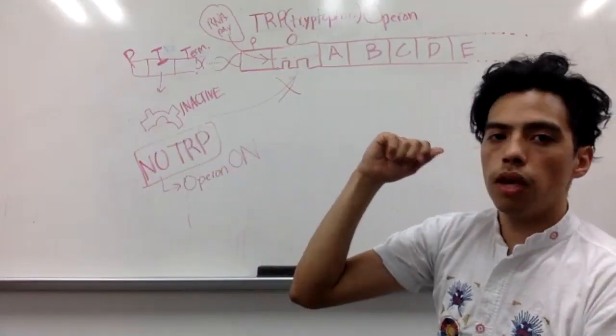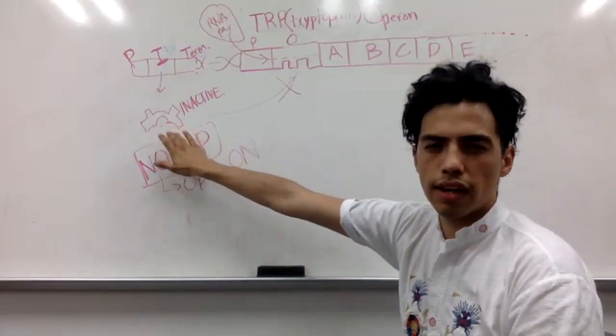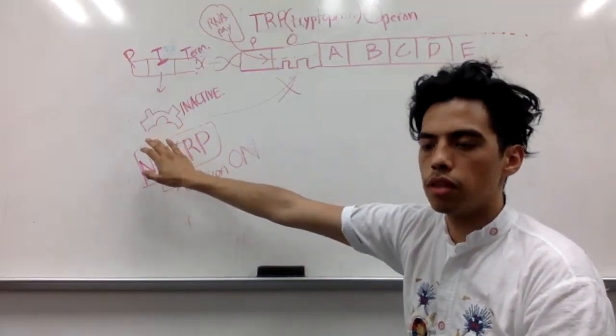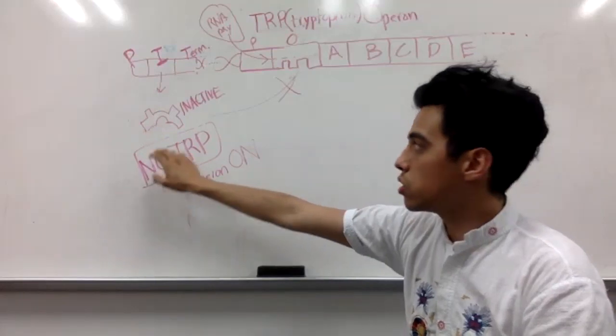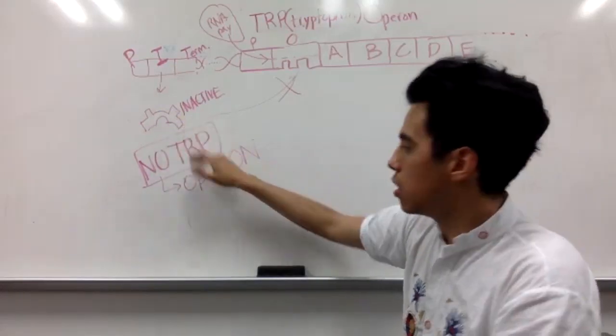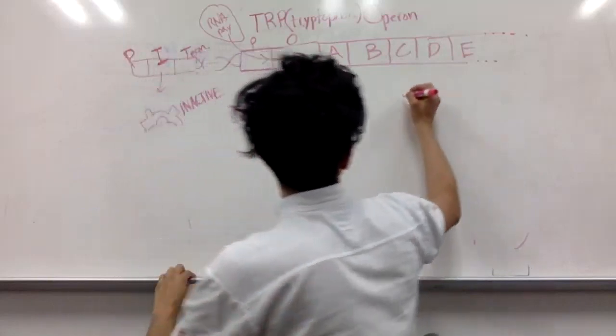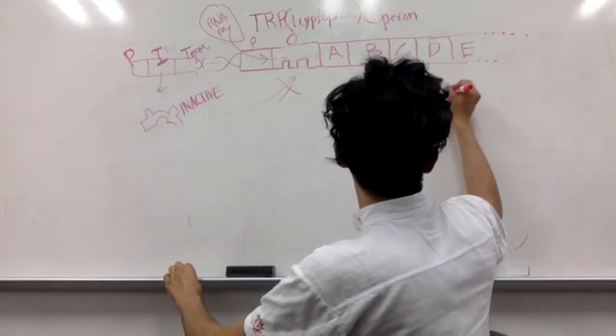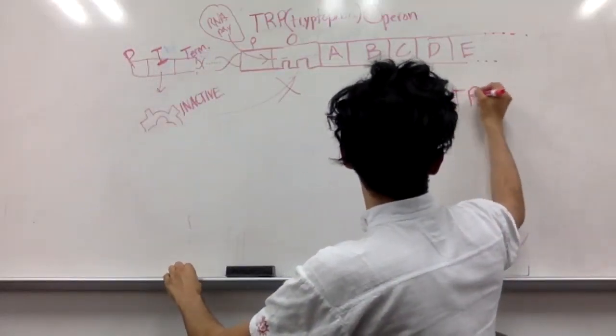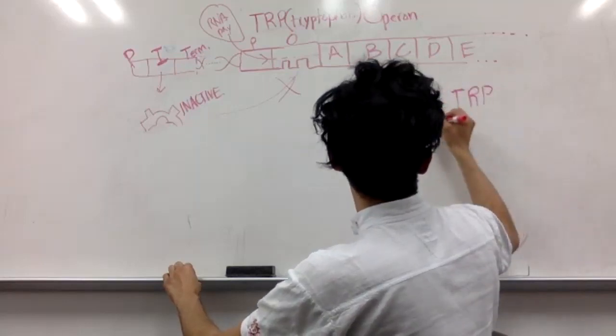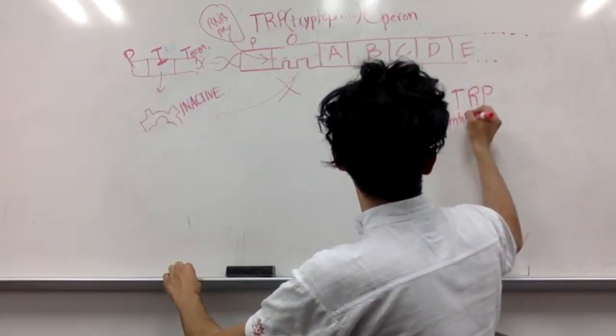And so in the case similar to lactose, the thing that turns on this repressor is the concentration.